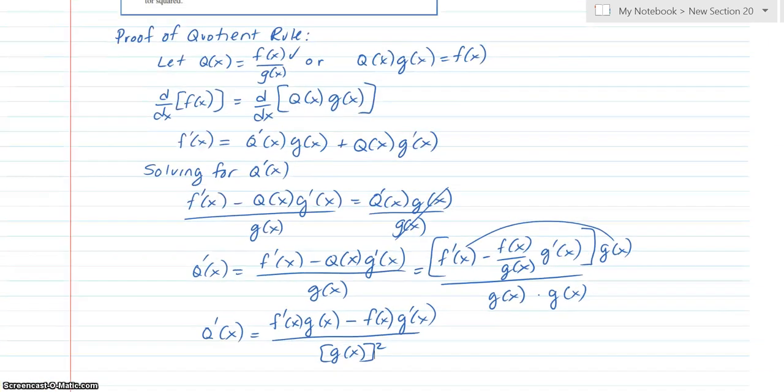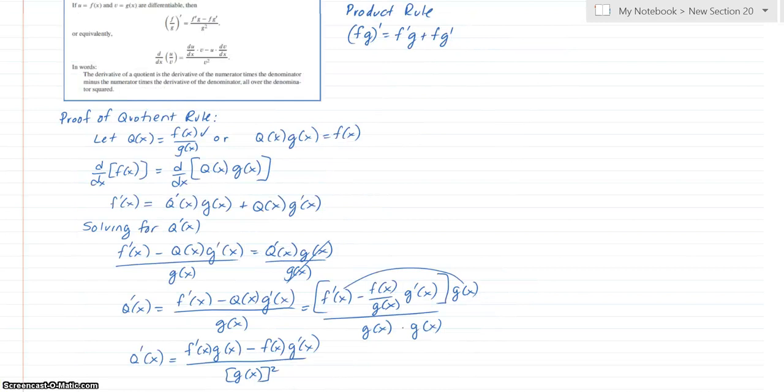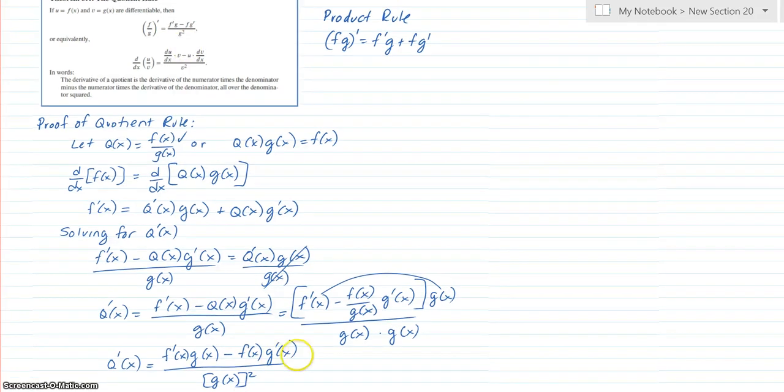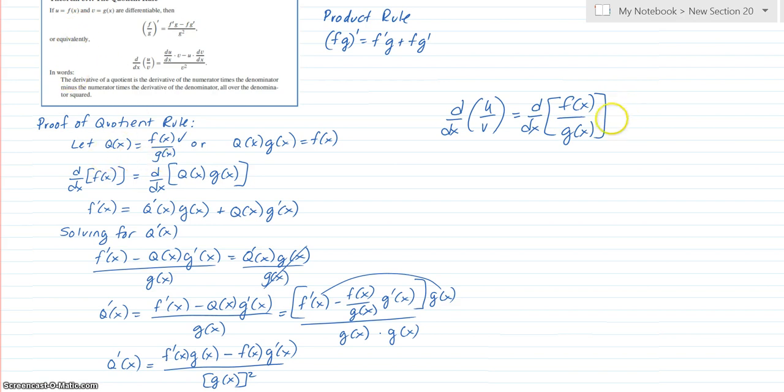Is that it? Let's see if that was the quotient rule. Let's make this really small. f prime g minus f g prime all over g squared. That's it. If you'd rather use the other notation, you could say that we have the derivative with respect to x of u over v, which by the way is the same thing, because if you remember, u is equal to f of x and v was equal to g of x, and that was my q prime.